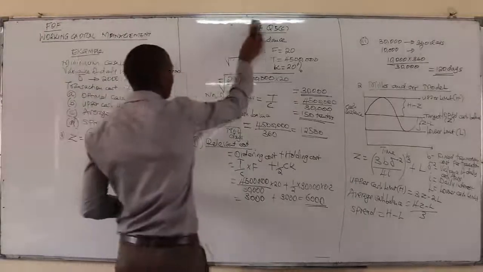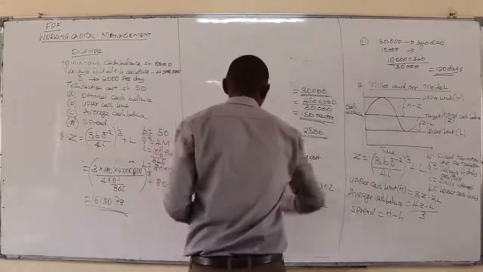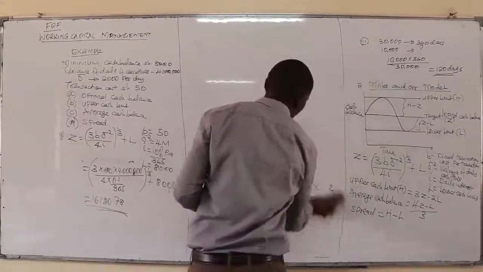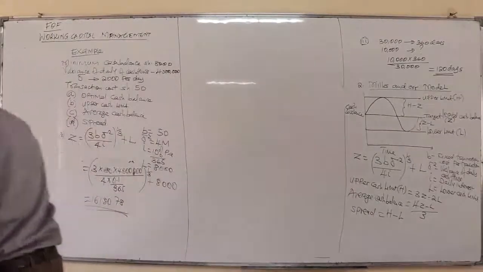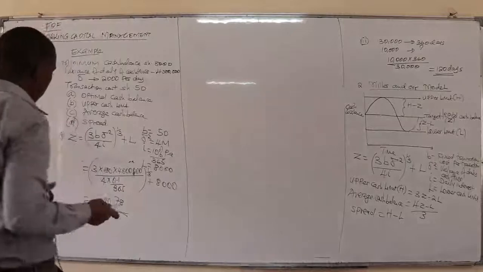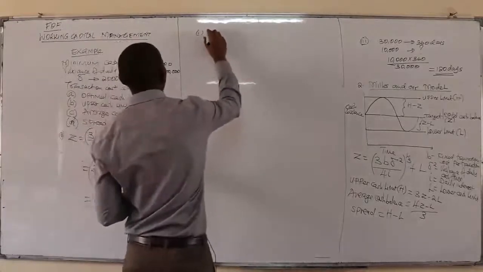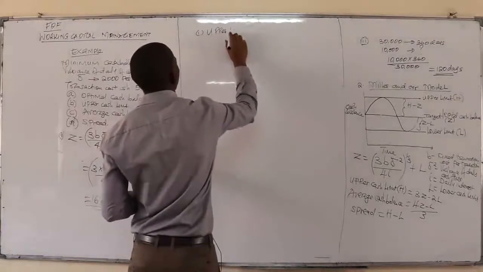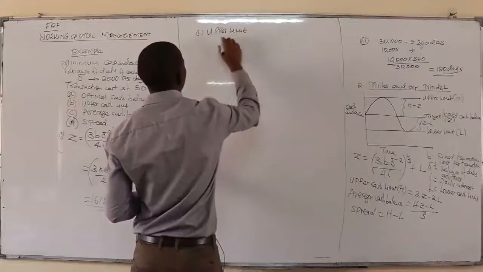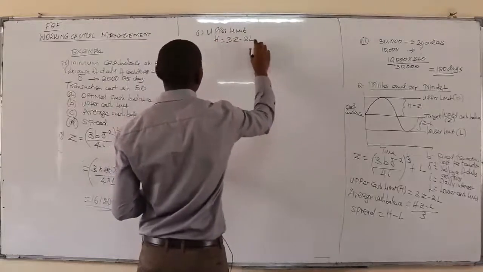Then Roman number 2, we also require to look for the upper limit, which is H. So to get H, we've said it is 3Z minus 2L.